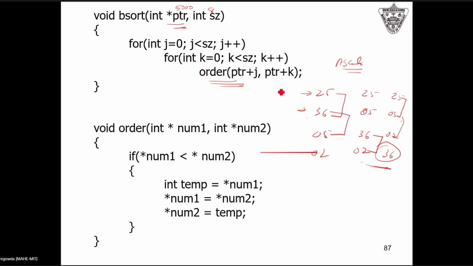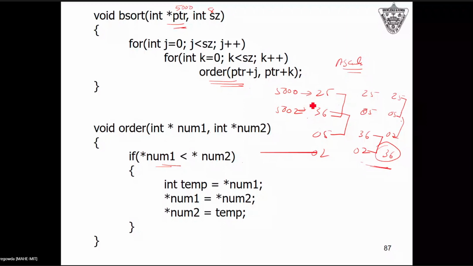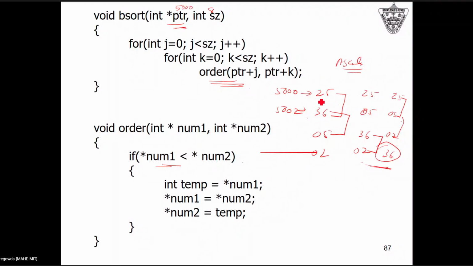The address of 25, according to our example, say 5002. Now you check whether the first number is less than the number 2 or not. If it is, you are going to swap the numbers. Otherwise, you don't require to swap the numbers here.